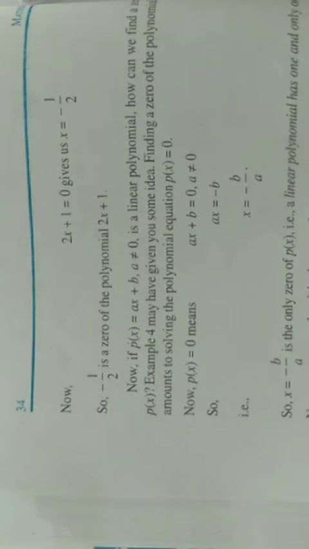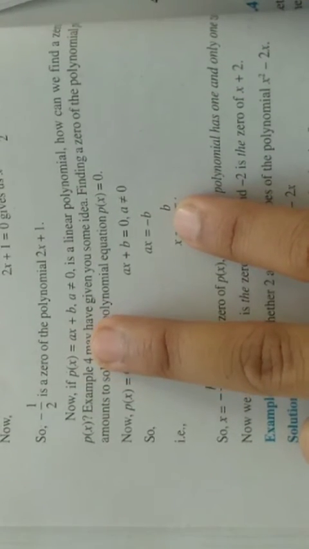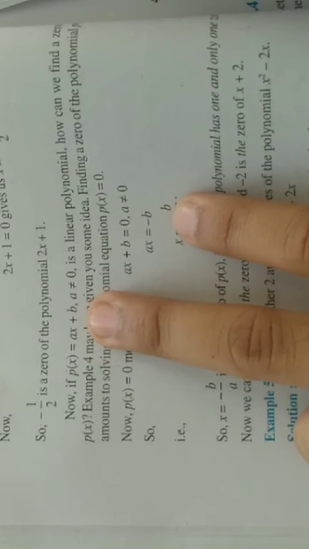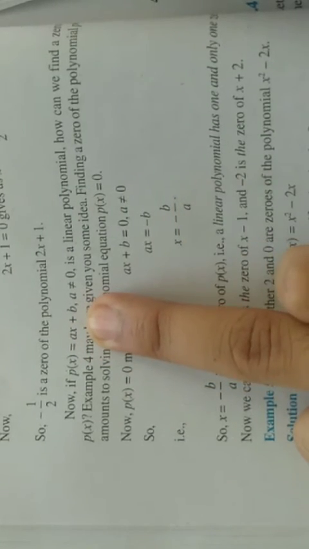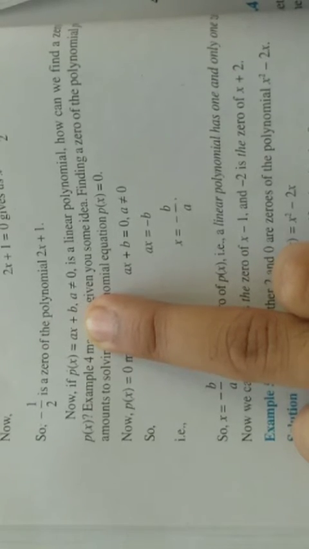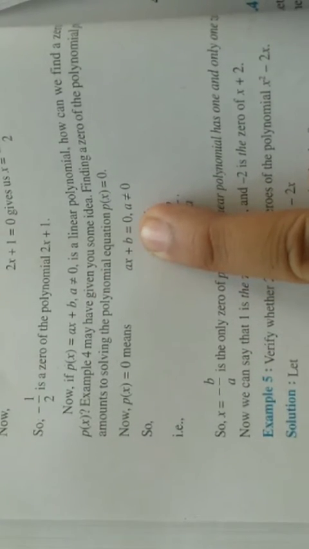Okay, so now next, p of x is equal to ax plus b. We have to find the zero of this polynomial. So what we have to do to find the zero of this polynomial? We have to take p of x is equal to 0. So here I took ax plus b is equal to 0.